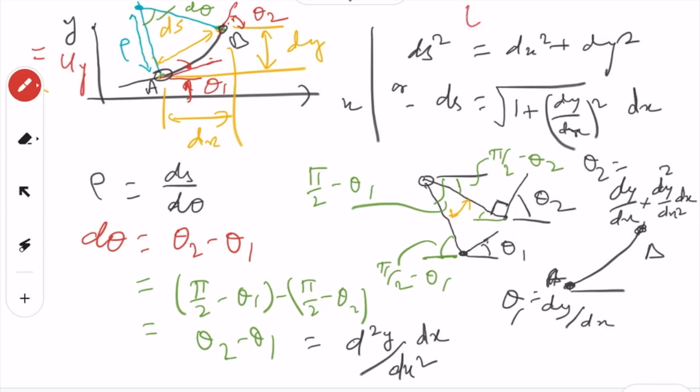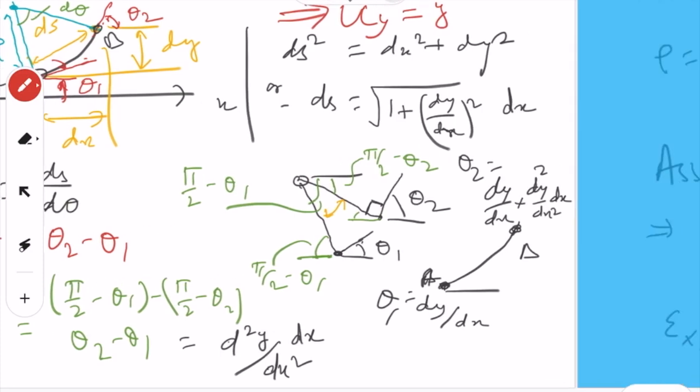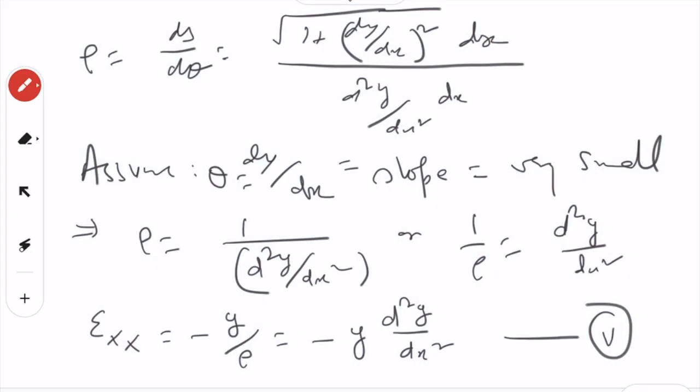So uy equals y. This is important to note. This y is a different y, and this one is uy. Basically this one is the distance from the neutral axis.